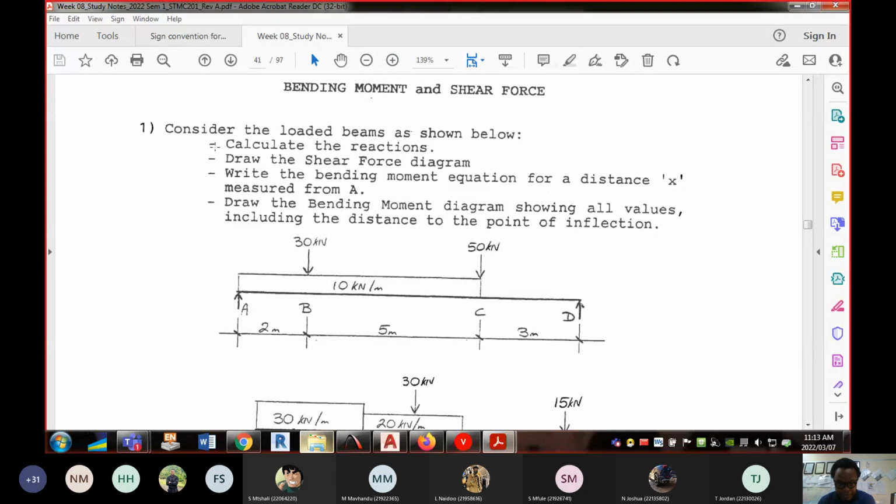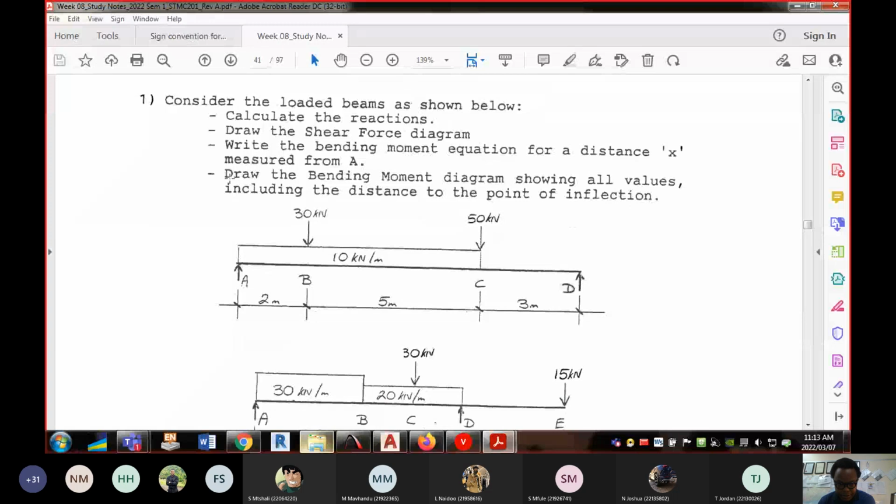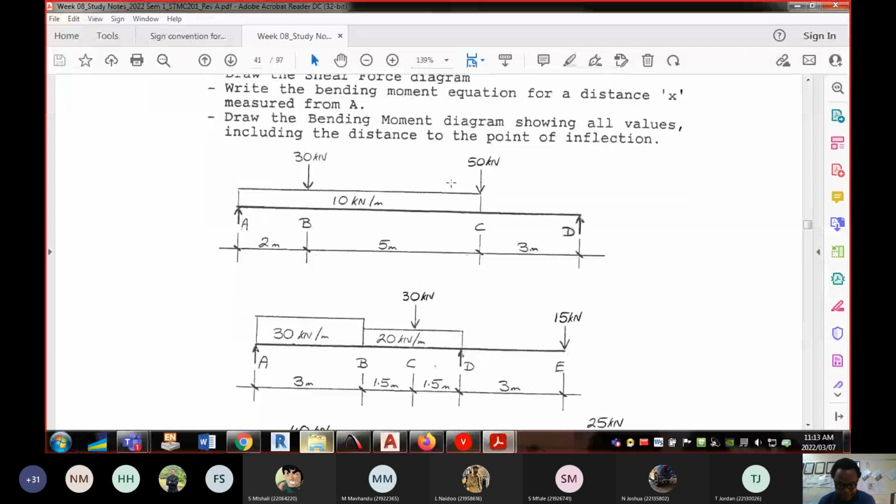Remember, we've done part 1, calculating the support reactions. We've done part 2, drawing shear force diagrams. Today, we're doing the bending moment diagram, which is the fourth one, but we'll come back to the bending moment equation. So the question is, how are we going to draw the bending moment diagram for this beam?